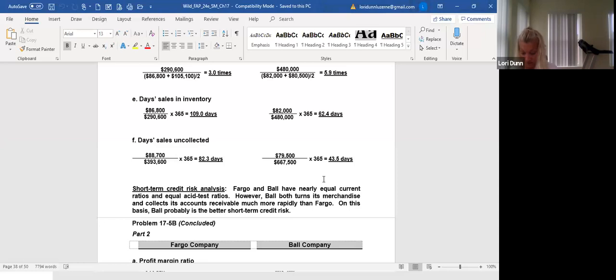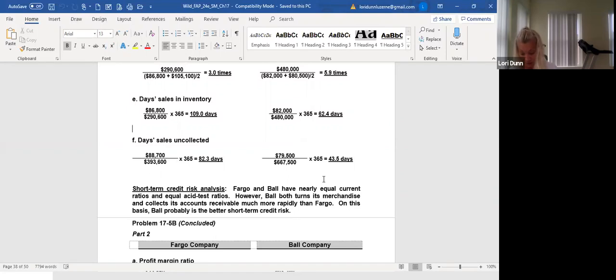Assume that each company paid cash dividends of $1.50, and each company's stock has a market value, so it can be purchased at $25 a share. Then we're going to compute their price earnings ratio and dividend yields.